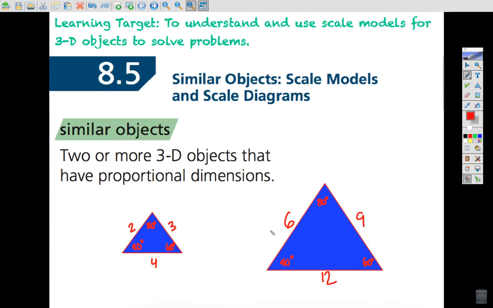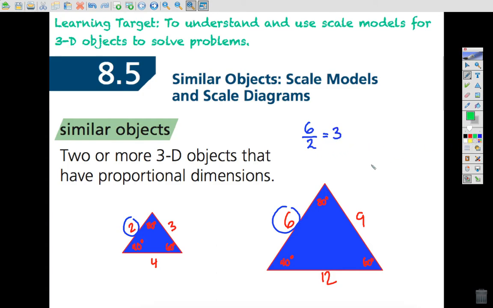So someone might give you these two figures and say, hey, can you prove to me that these are actually similar? And the way you would do that is you would check the proportions of the sides. If I take how this side length is mapped onto this side length and find the ratio between those two, like 6 to 2, well, 6 to 2 is a ratio of 3 to 1 or just 3.